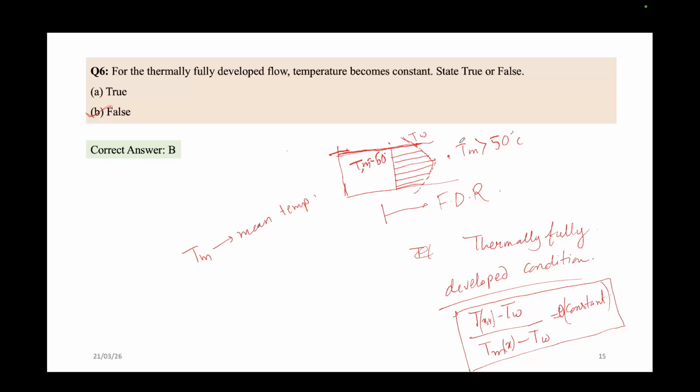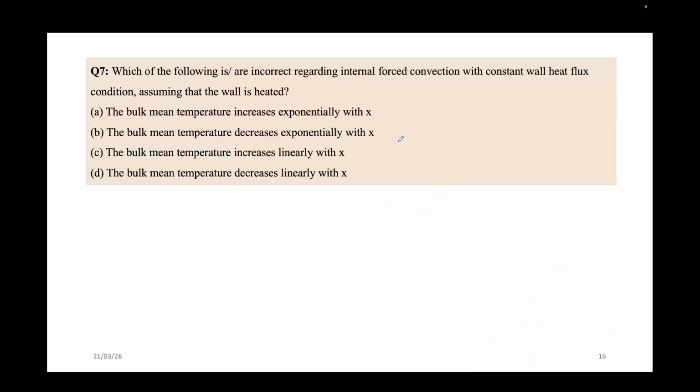Say it is 60 degrees; the profile, though parabolic, will bulge. Initially it was not that much bulged, but as the temperature increases it will bulge, but it will remain parabolic. So coming to this question, can you tell this now?